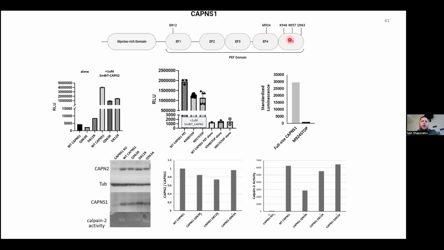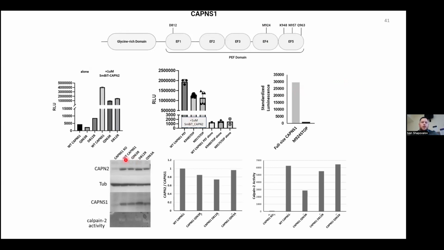And what I've shown is that truncations at these two sites, similarly to single amino acid substitutions, are able to knock down the binding activity of this mutant CAPN-S1 to some extent. But most prominently, with the stop codon at M924, that completely abolishes the binding activity of CAPN-S1 to CAPN1 or CAPN2.